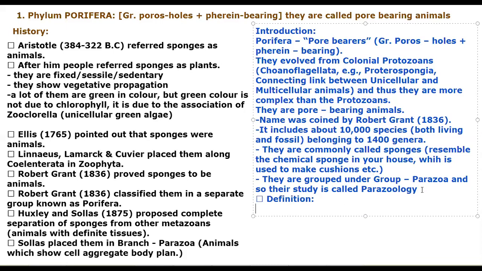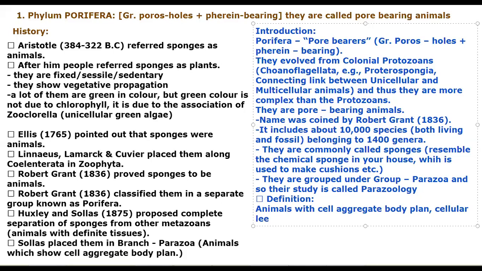Fine. So how we will define them? तो आप देखेंगे animals with cell aggregate body plan, cellular level of organization, hence no organs and no organ systems.